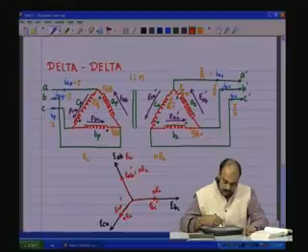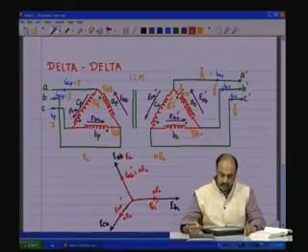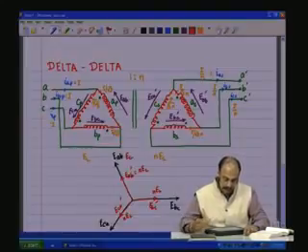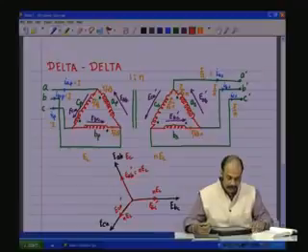So, this would be the relationship that you would have in the case of the delta delta connection.